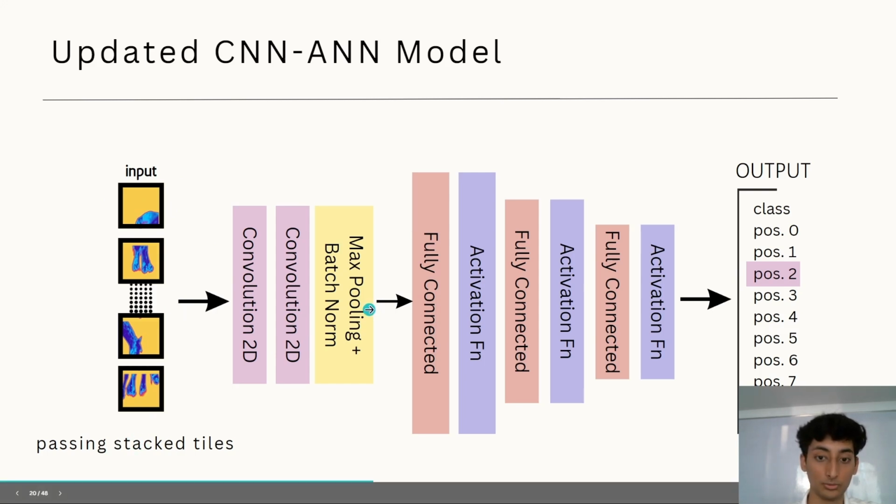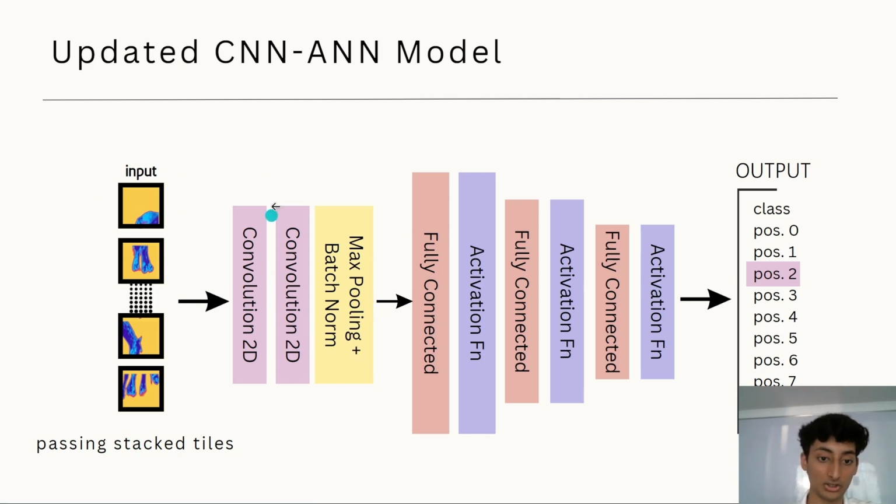Then you do max pooling plus batch normalization. Batch normalization is used so that we could reduce the internal covariate shift in the models. Then you have the fully connected ANN networks like the previous model, and then you have the output. In this, we have used max pooling plus batch normalization and then normal classification.